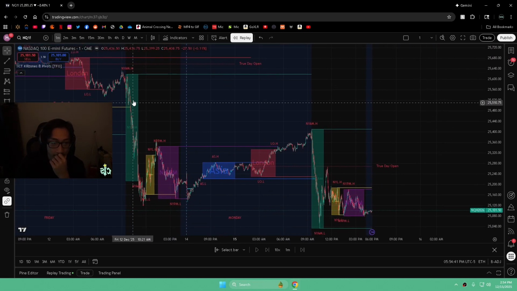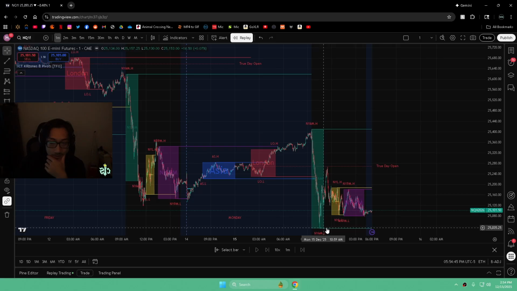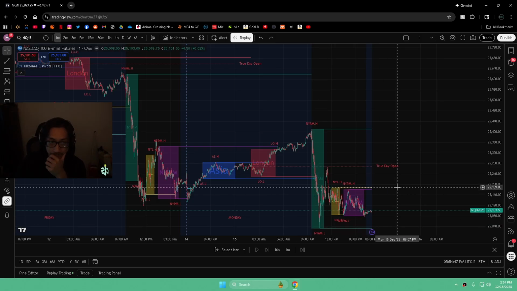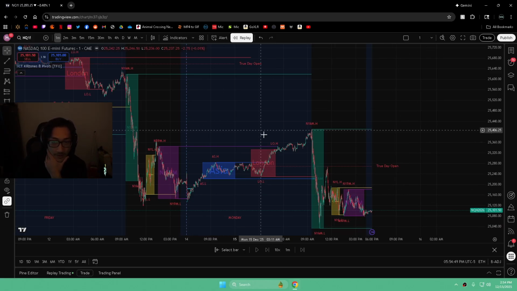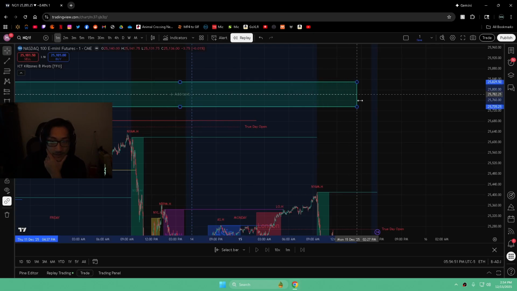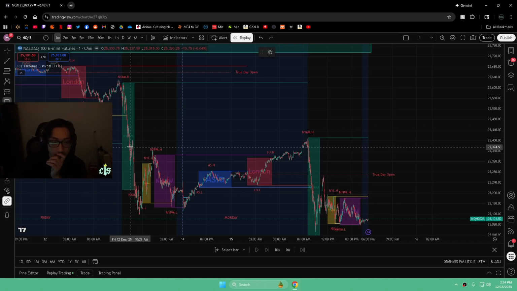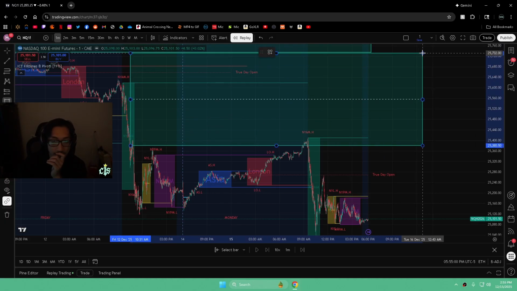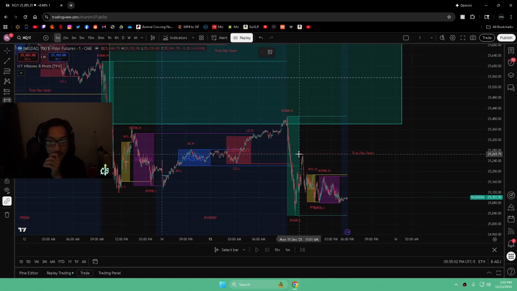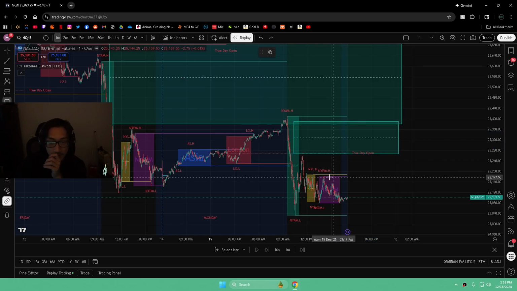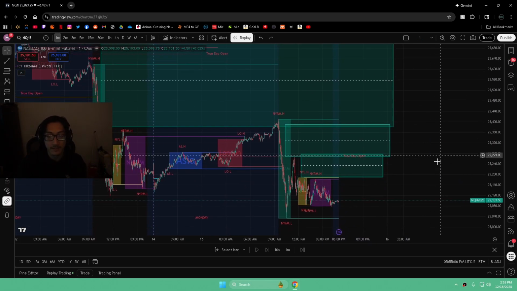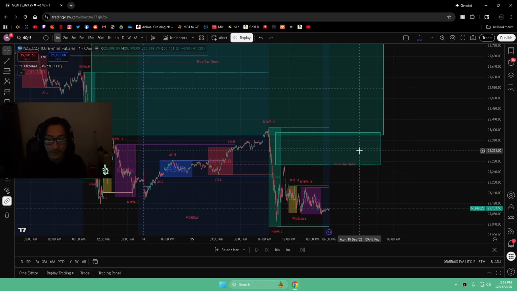So it might look like we're moving lower on the lower time frame, but that's all because there will be a bigger move later on to fill all this imbalance. Imbalance, imbalance, imbalance. All these imbalances to the upside, right?